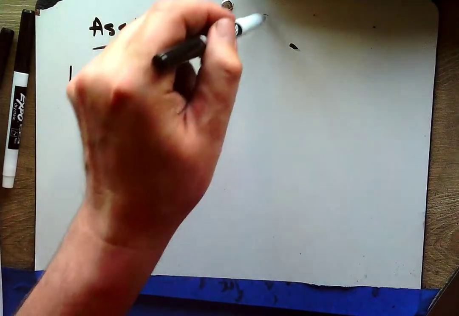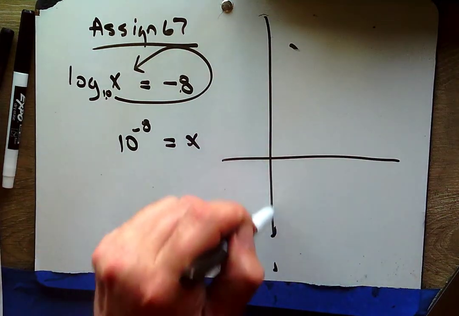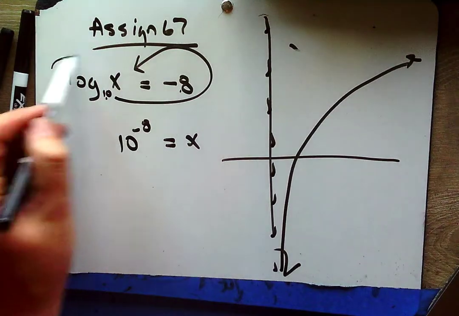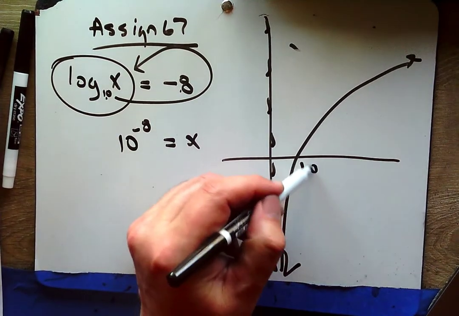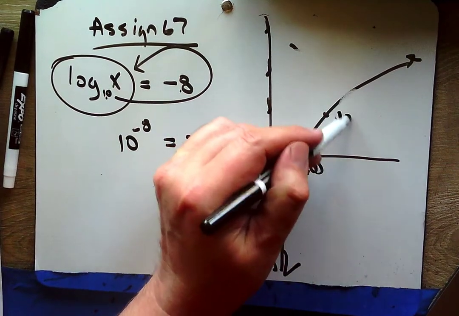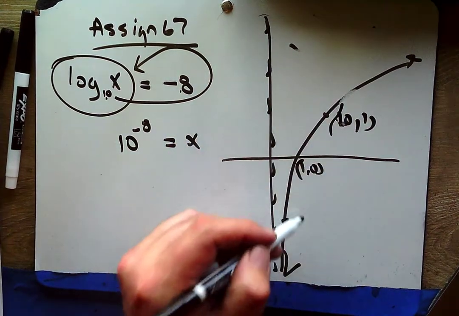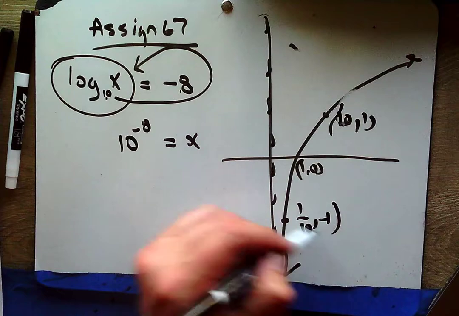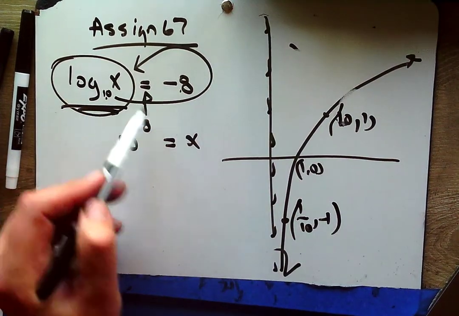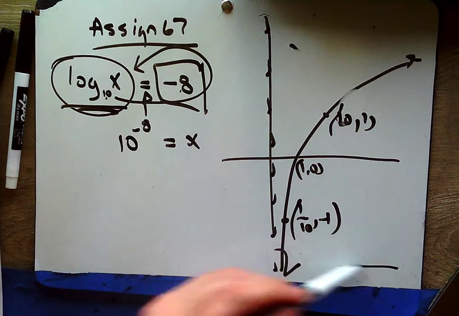You could also think about this graphically. This is saying, when does the log graph, 10, 1, 1/10th, -1, when does this log graph intersect y equals -8?